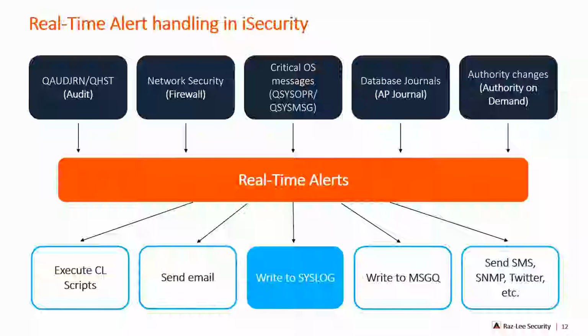We can send everything to SIEM through the standard syslog format, and we can also send email, not the logs but reports and alerts, and we can also send SMS and SNMP. This is the old standard of communication, a simple network protocol, and I saw that many companies still use this protocol. We also have an option for Twitter.